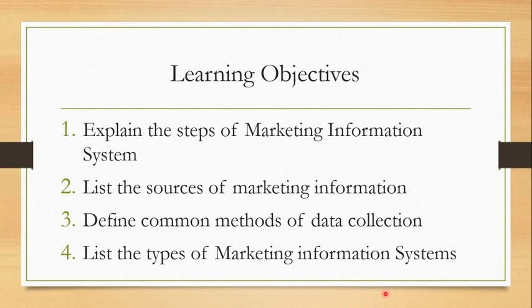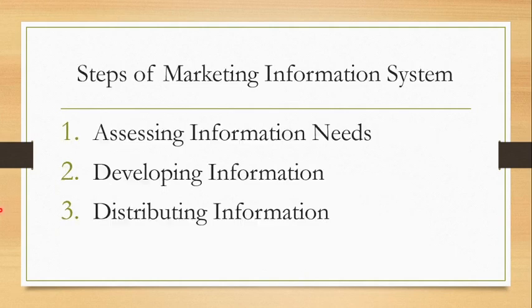Second learning objective will be related to the list of the sources of marketing information system, followed by the explanation of common methods of data collection used for marketing information system. Fourth will be related to the list of marketing information systems and its types. So let's start with the steps of marketing information system.